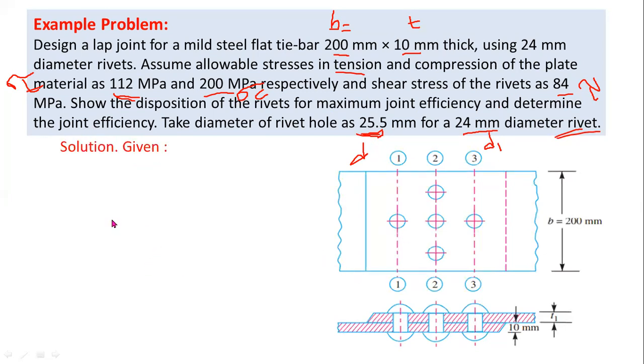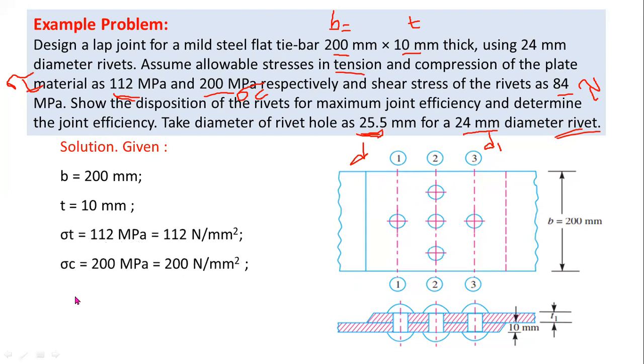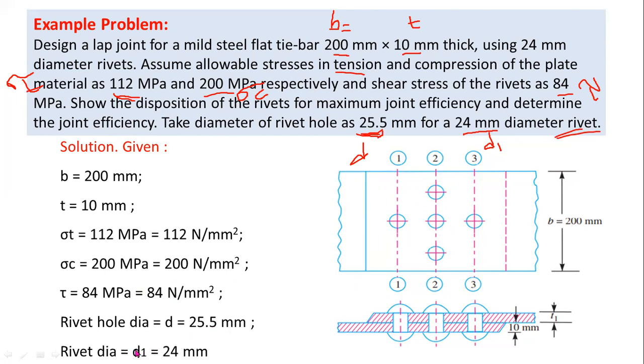These are the given values: width of the plate 200 mm, thickness of the plate 10 mm. Already we know the diameter of the rivet hole d equal 25.5 mm, and the rivet diameter d1 equal 24 mm.